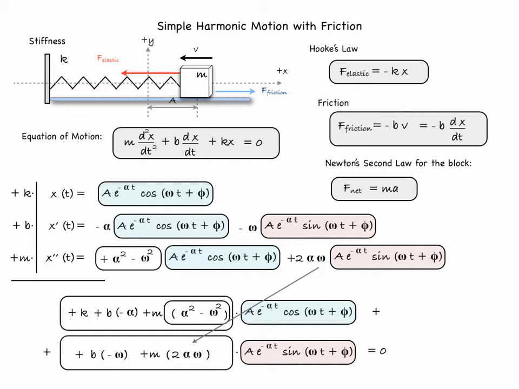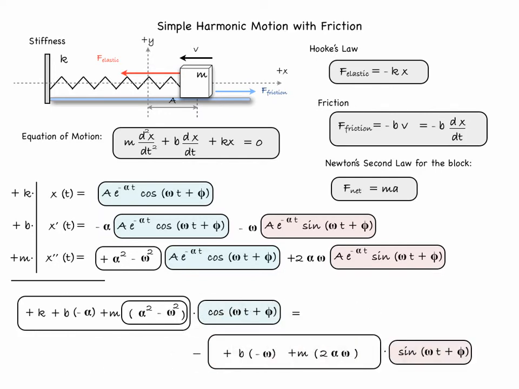We notice that the expression A e to the power of minus alpha t appears in every group, so we can actually cancel it. Now here, if we were solving this equation for t, we would normally move the second group of this equation to the right, so that we have an expression multiplied by the cosine function equal to a minus another expression multiplied by the sine function.